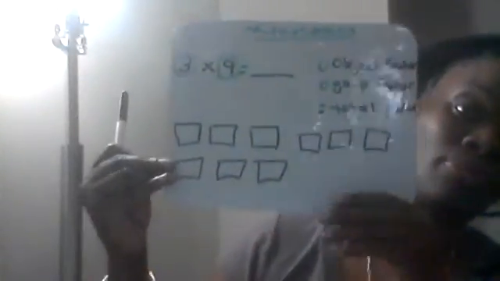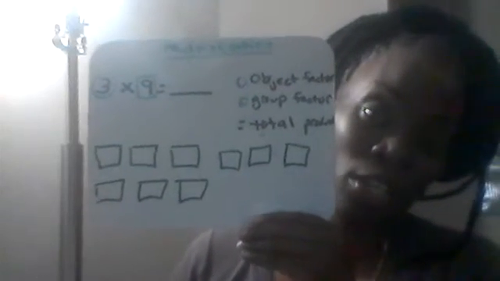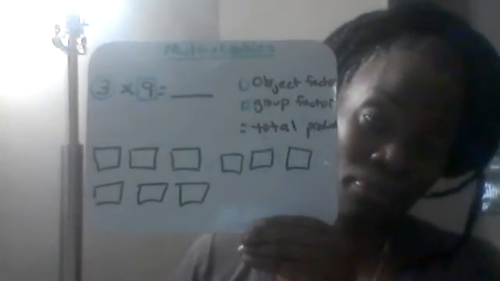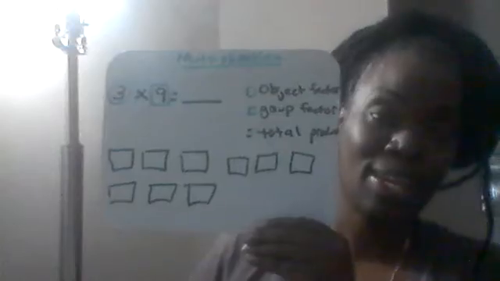Okay, so we have 9 empty boxes. How many objects are going to go in each box? Did you say 3? You are correct. 3 objects in each box.